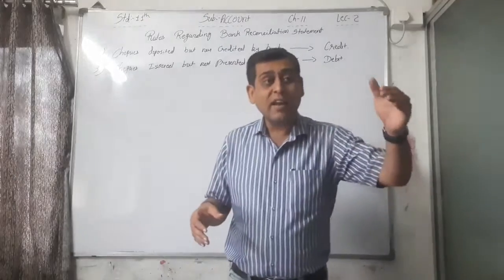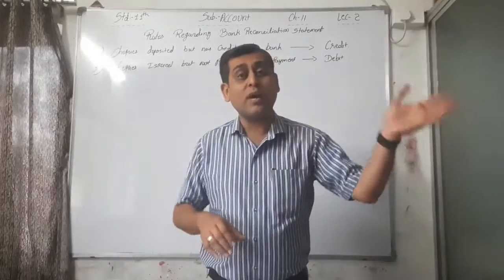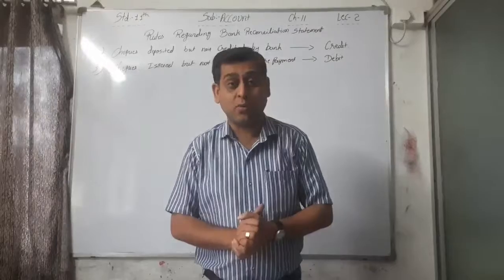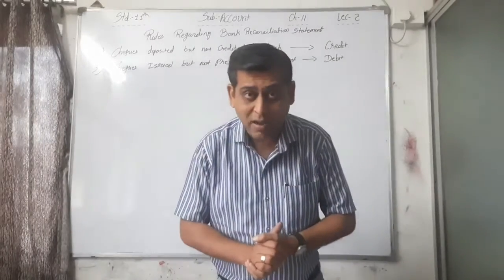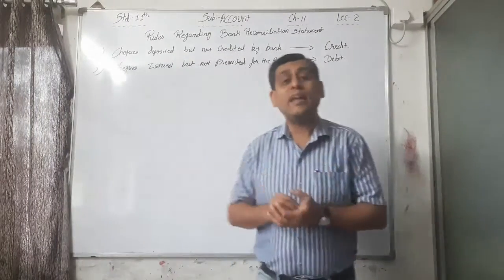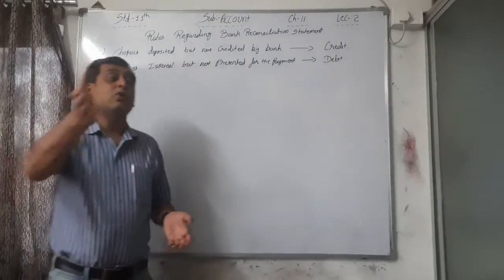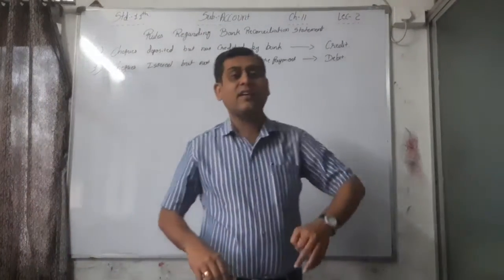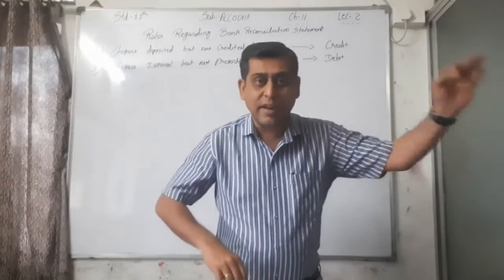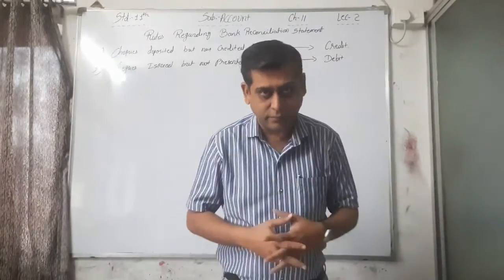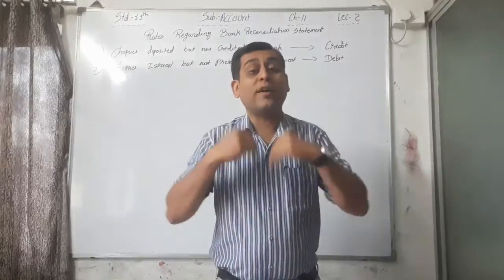Here directly deposited by the customer, that's why bank is credited that amount into my bank account, right? Directly deposited by the party, by the customer into my bank account, then at that time bank is credited that amount into my bank account. So what I have to do?